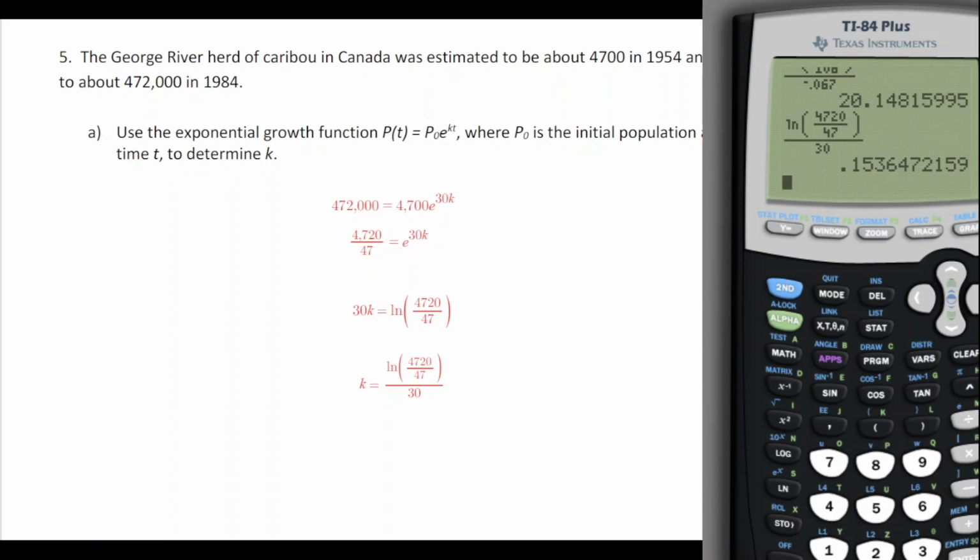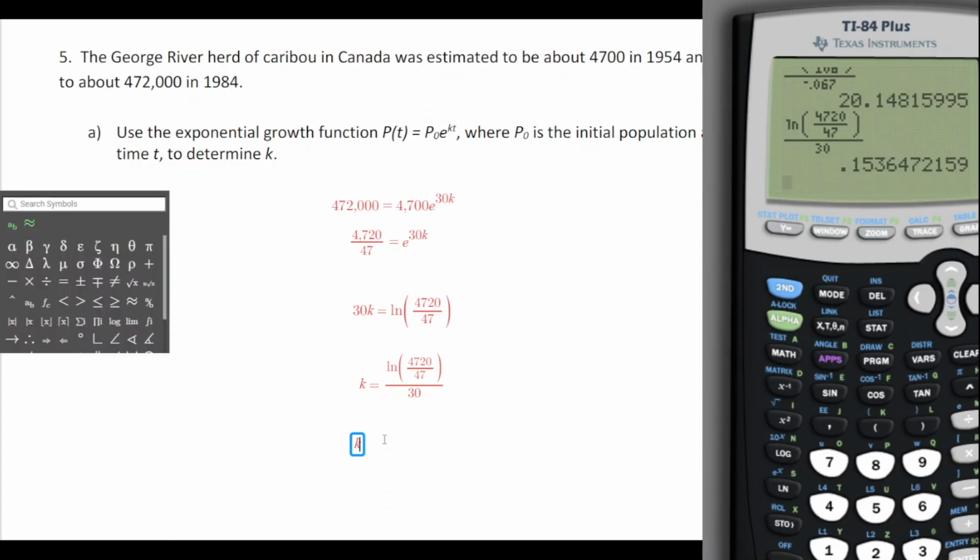And let's see, we're trying to determine k, so that's k. So k is basically this number that is part of our function that tells us how fast these caribou are multiplying. So we're going to say it's approximately 0.153, and so 3 would round up to 4.